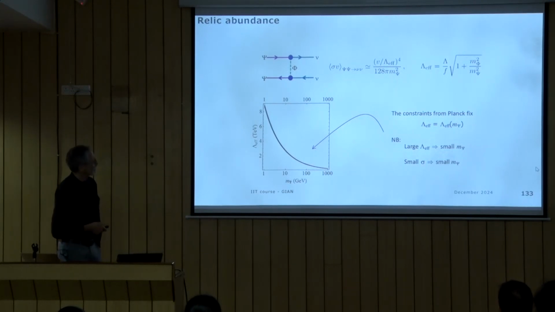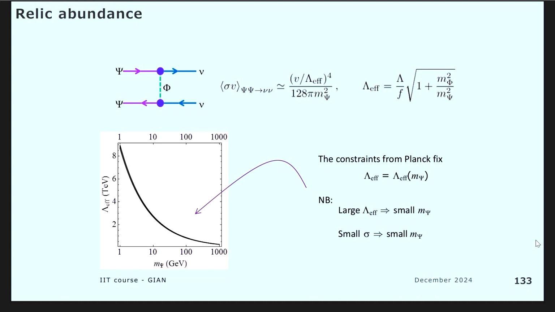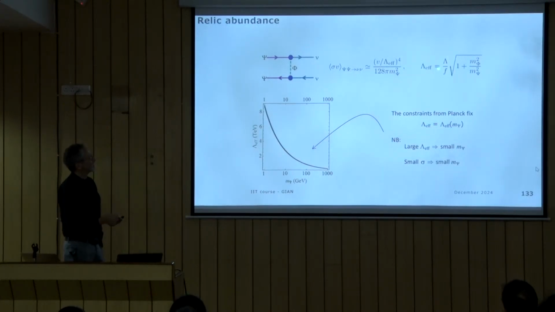With that assumption, you get this type of constraint on the theory. This is the allowed value of this lambda f. Lambda f is related to lambda, which is the mediator mass. f is a coupling, and you have the masses of the two dark particles.